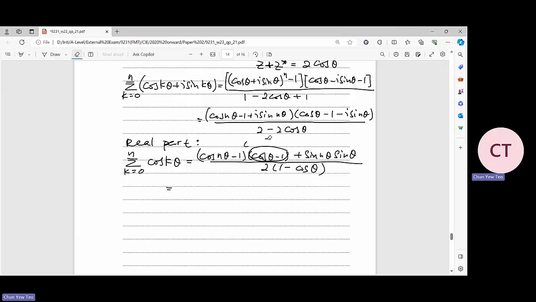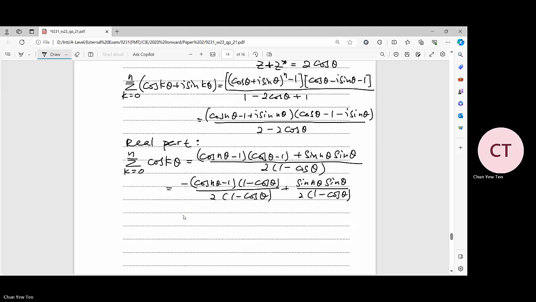I will get negative cos n theta minus 1 over 2 times 1 minus cos theta, plus sine n theta sine theta over 2 times 1 minus cos theta.